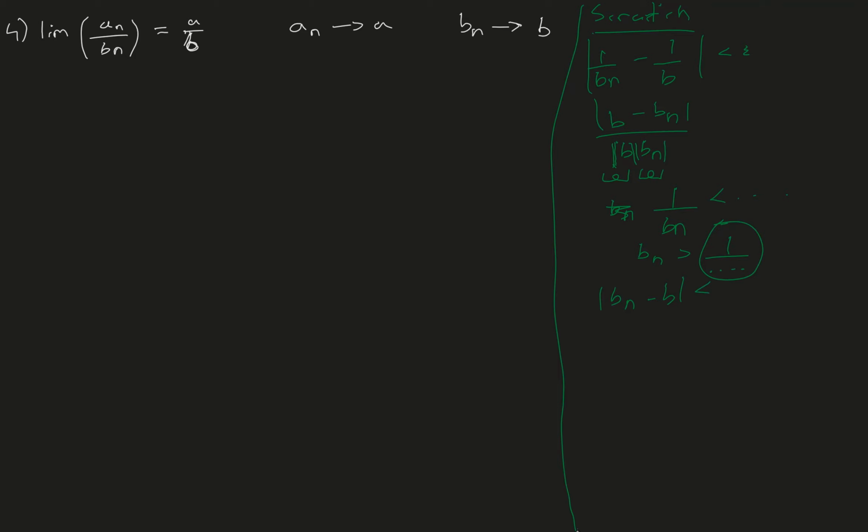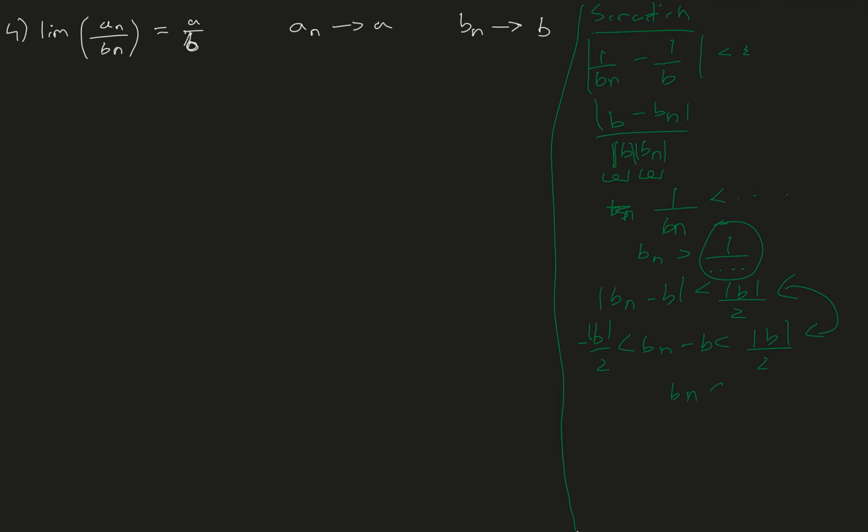So we can say modulus of bn minus b is less than modulus of b over 2. I'm choosing epsilon to be modulus of b over 2. And now this is the same as writing it as minus b over 2 less than bn minus b less than b over 2, because that's what modulus means, positive or negative.